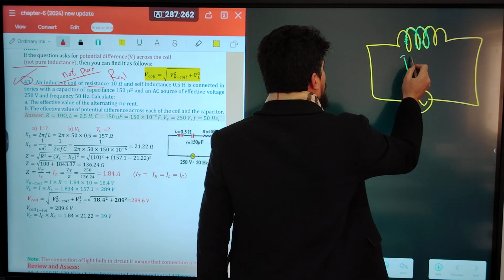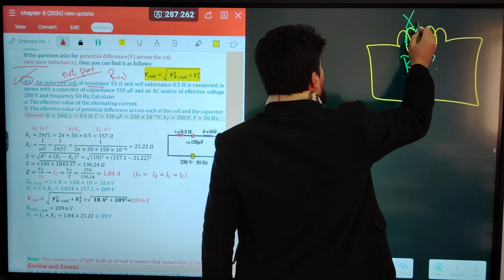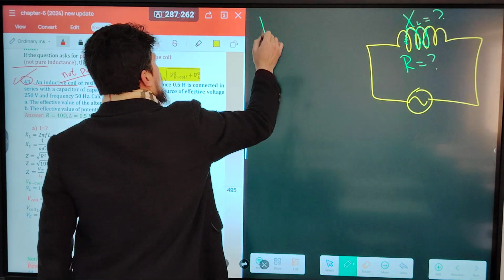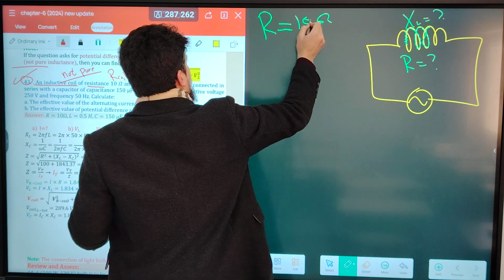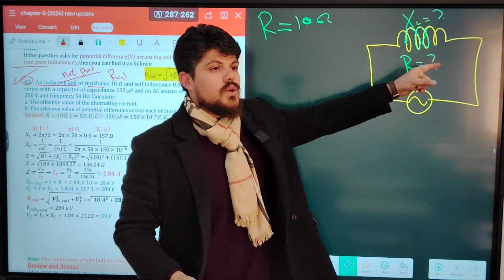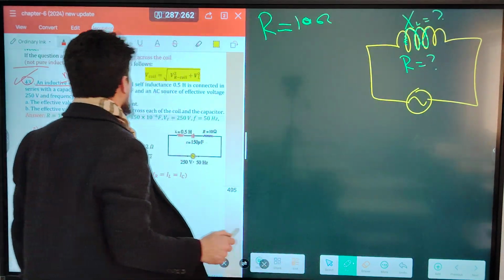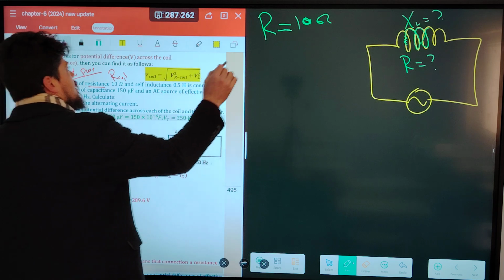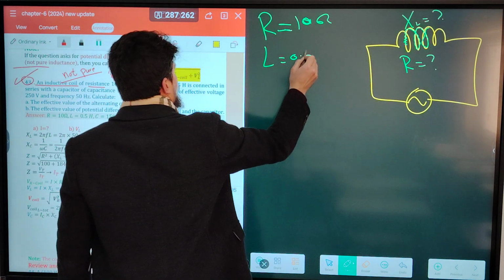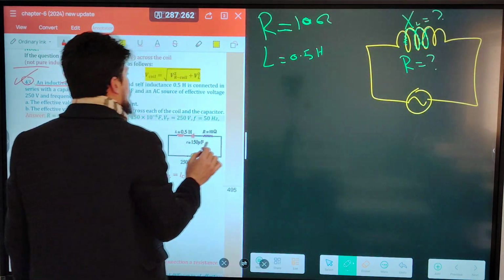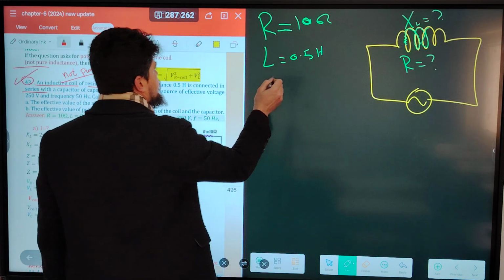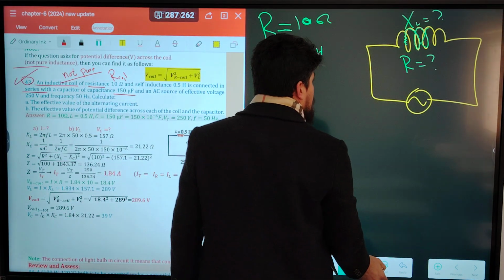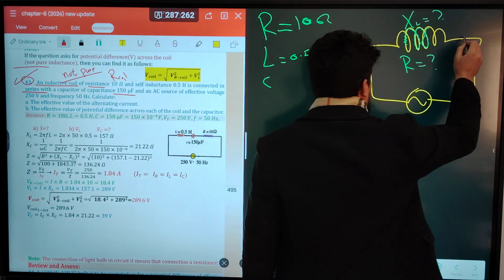Okay? We have both R and XL. R is given 10 ohm. This is the resistance of the coil. This is not pure resistance. Be careful, okay? And inductance L, 0.5 Henry. Okay? Connected in series with the capacitor of capacitance, C. So we have to add a circuit here.